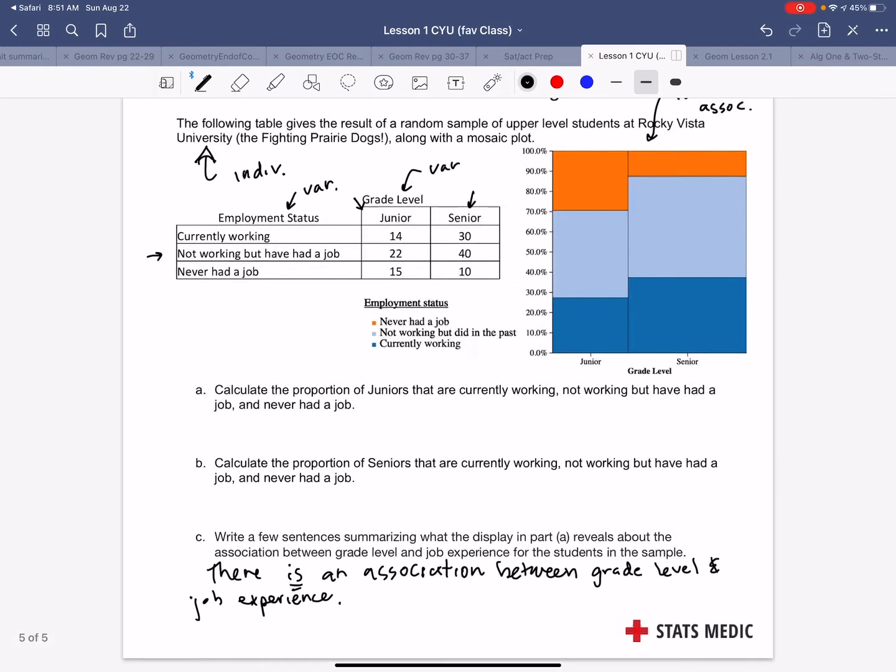And we can say why. What does this mean to us? Well, knowing the grade level helps us predict the other variable. What is the other variable? The job experience.